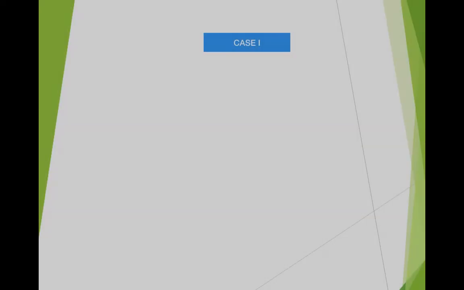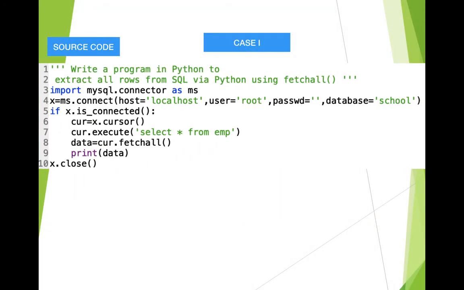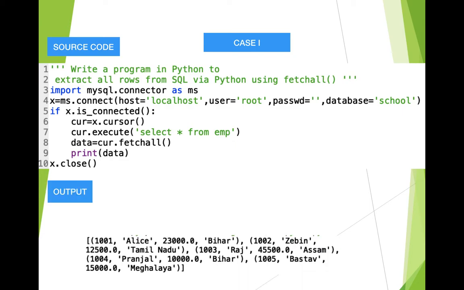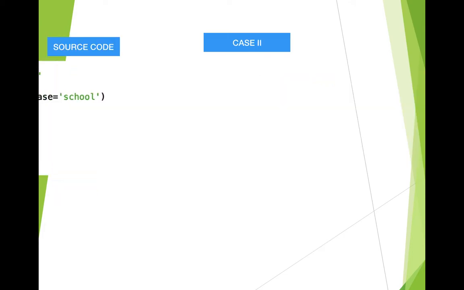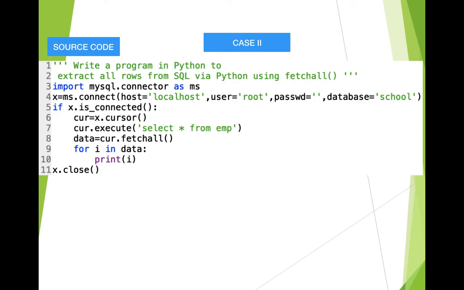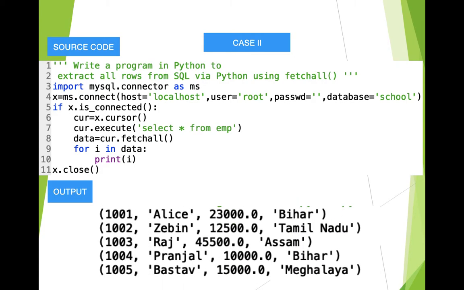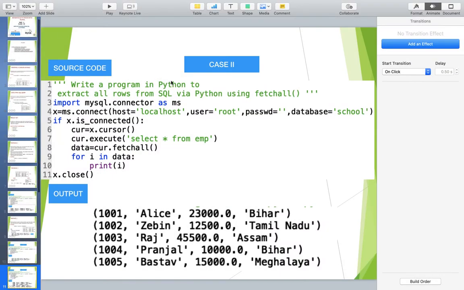In case 1, we just used the fetchall function and displayed all the rows, but the output is not user friendly because all the rows have come haphazardly one after another. Now we will write a program such that we can display the rows in separate lines. For that, we will do a minor change, and with the help of a for loop, we will display it in separate lines.